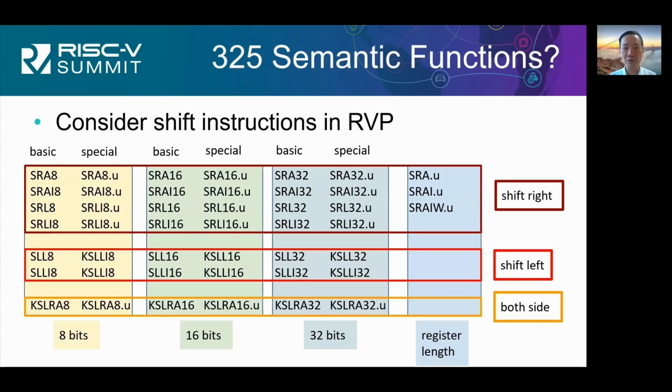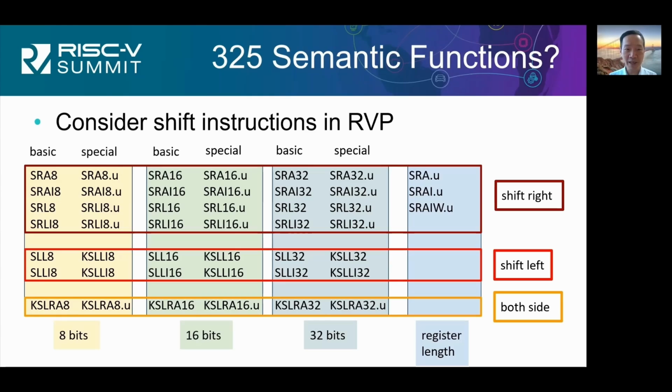Still, there are 325 semantic functions. And how do we do that very quickly? So let's take shift instructions in RVP as an example. So here we can see that RVP provides shift right, shift left, and also both ways shift instructions. And also there are basic shift instructions like shift, arithmetic shift, or logical shift.